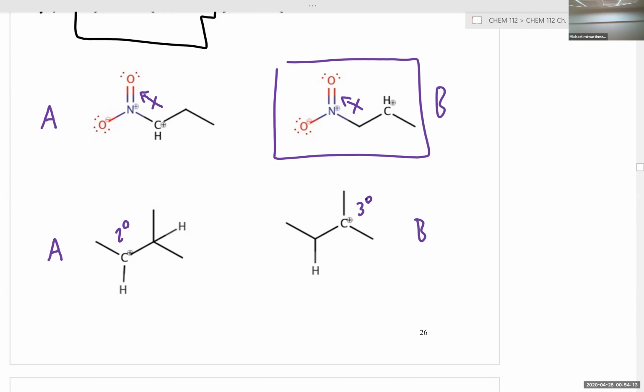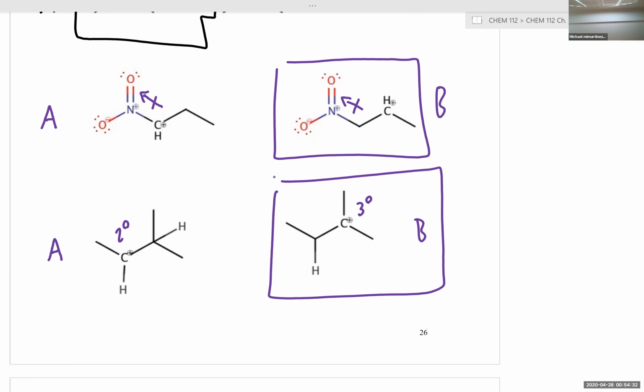So take a moment and type in chat which carbocation you think is lower in energy. So I see a lot of people typing B now. That's exactly right. Carbocations are stabilized by increasing substitution and increased adjacent sigma bonds. So the tertiary carbocation is more stable.